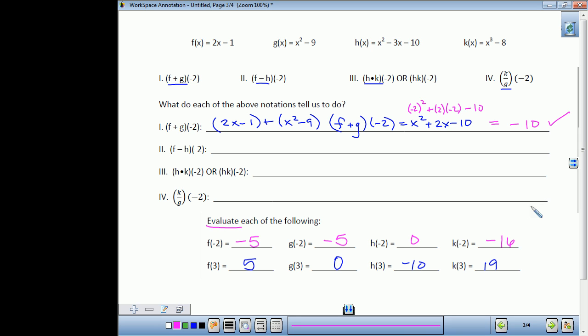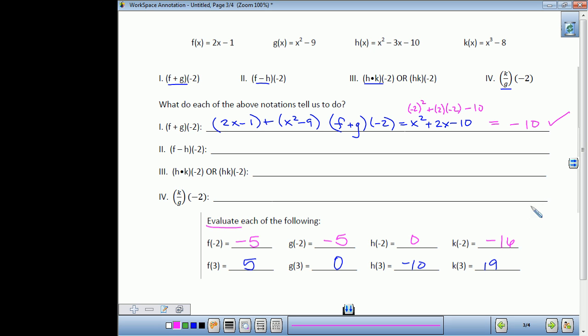And then, if we evaluate -2 for this sum, we plugged it in and got -10. But then f of -2 is negative 5. If I added this negative 5 with g of negative 2, which is also negative 5, what is negative 5 plus negative 5? Negative 10.